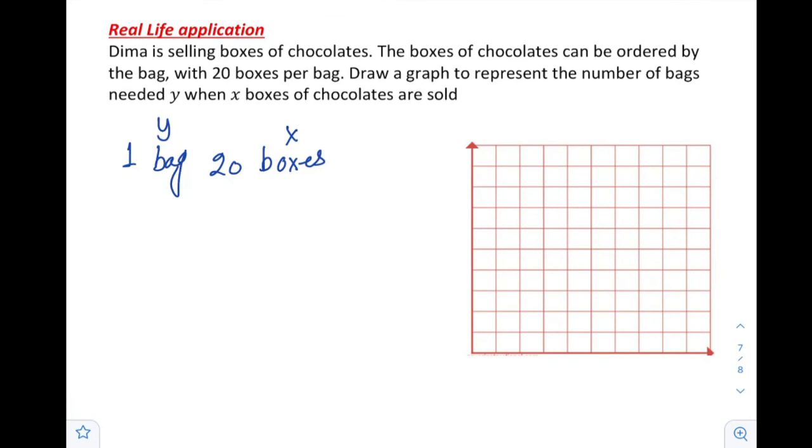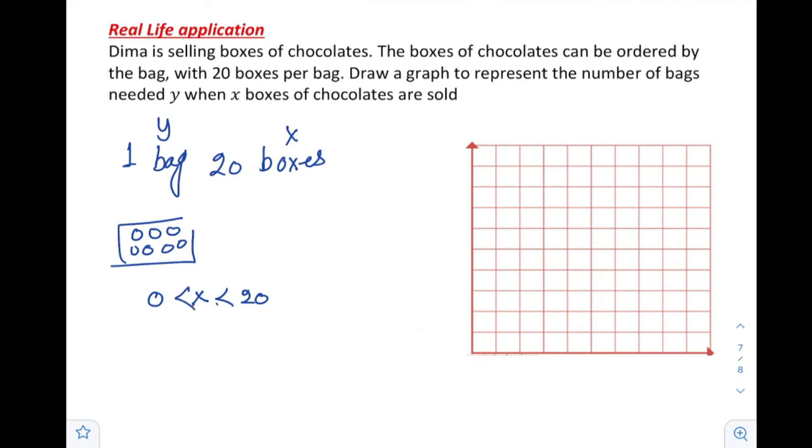If she has a bag, in the bag we have 20 boxes. So if she sells only 10 boxes, she will need one bag. So from 0, meaning if she is selling more than 0, one box, 2 boxes, 3 boxes, until 20 boxes, because 0 boxes means 0 bags, we don't have anything.